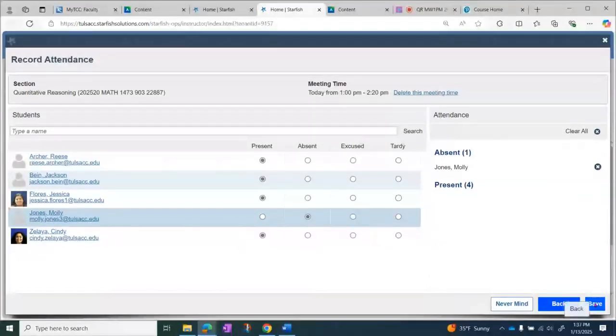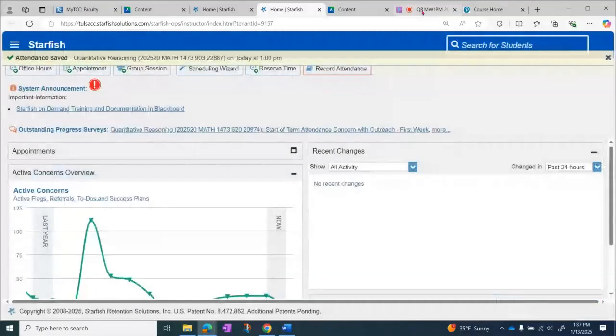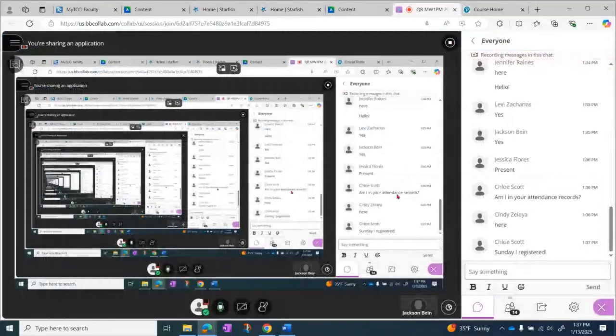If you very recently registered, it might take a little bit of time for the system to get your name on it. Chloe, I registered Sunday. Yeah. Let me write down your name. Then when your name shows on Starfish, I can mark your attendance.